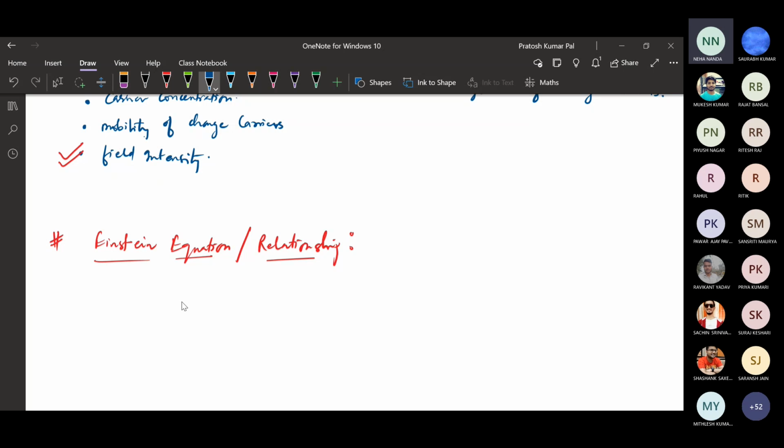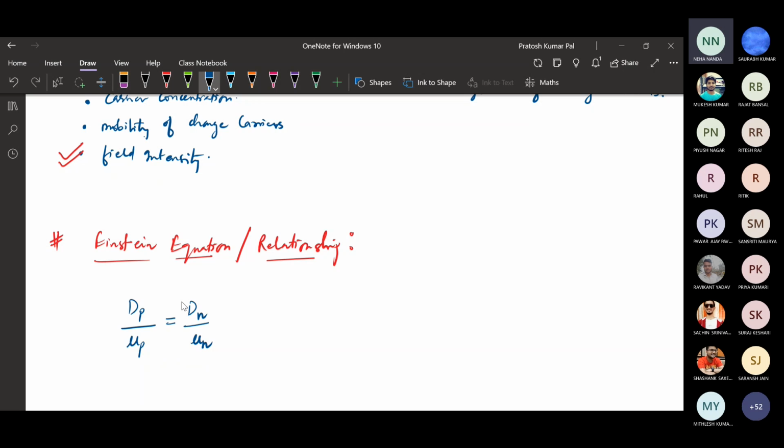So the relation between the drift velocity and diffusion coefficient parameter. This is basically Dp by mu p, that is the diffusion coefficient in case of holes divided by the mobility, equals Dn divided by mu n.